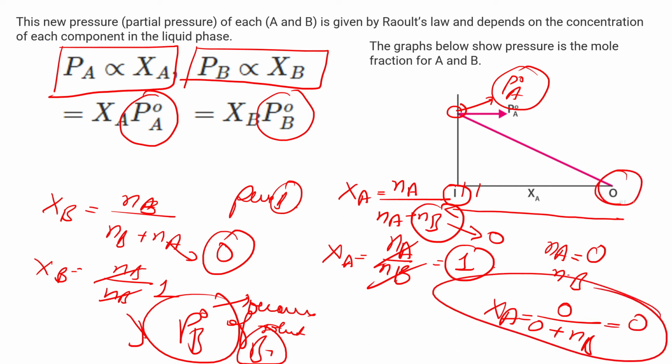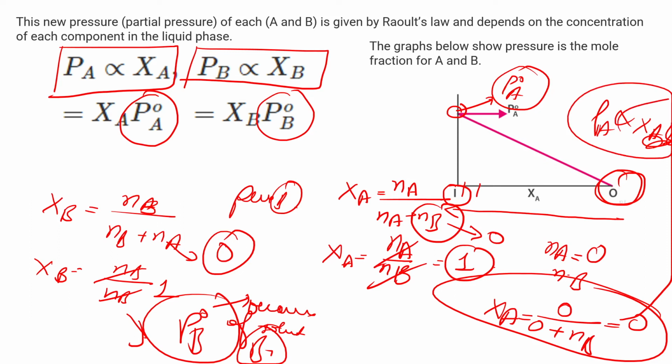That means PA is directly proportional to the mole fraction of A. Since the mole fraction is equal to 0, you will have the partial pressure of A in the mixture as 0.